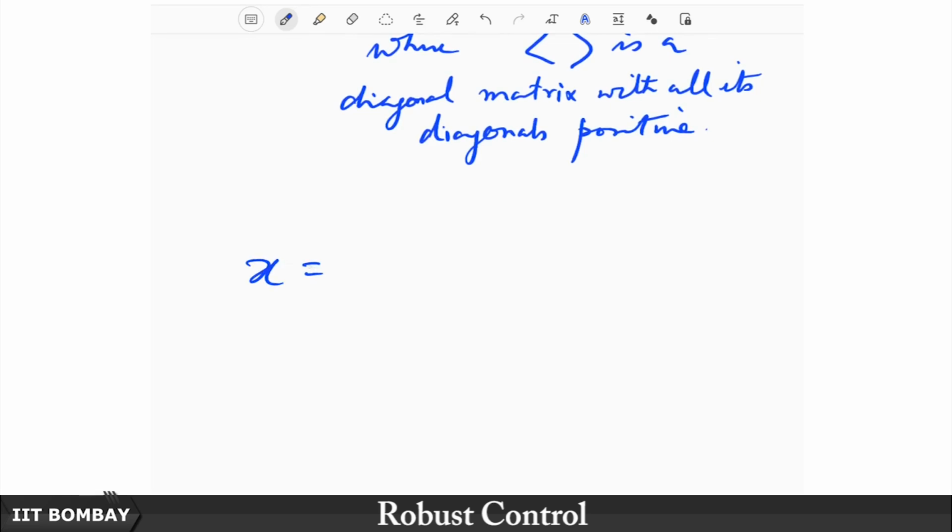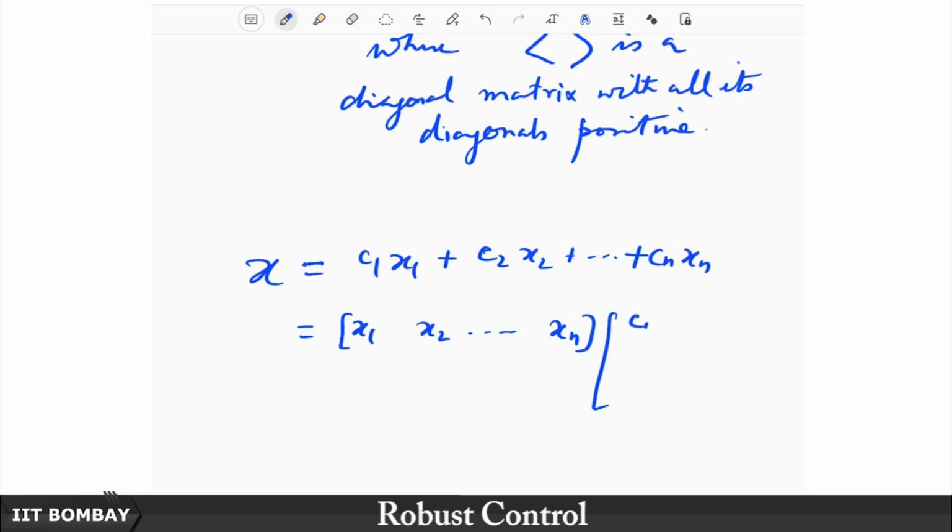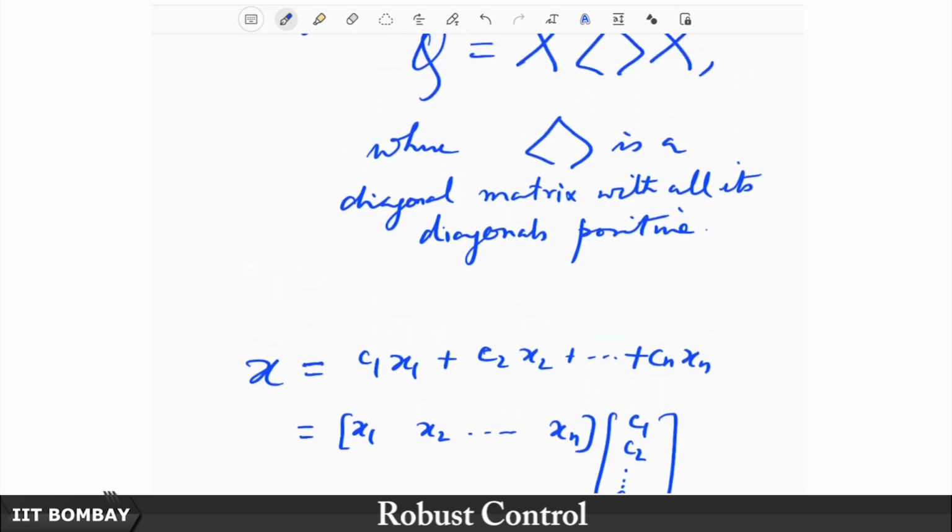X, you notice, can be written as x1 c1 plus c2 x2 plus dot dot dot till cn xn, which is nothing but x1 x2 dot dot dot till xn times c1 c2 till cn, and this is an arbitrary vector that I have chosen, right.